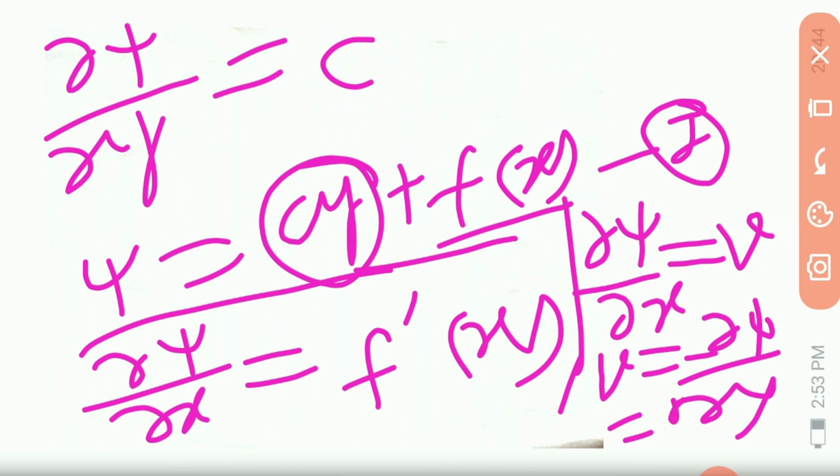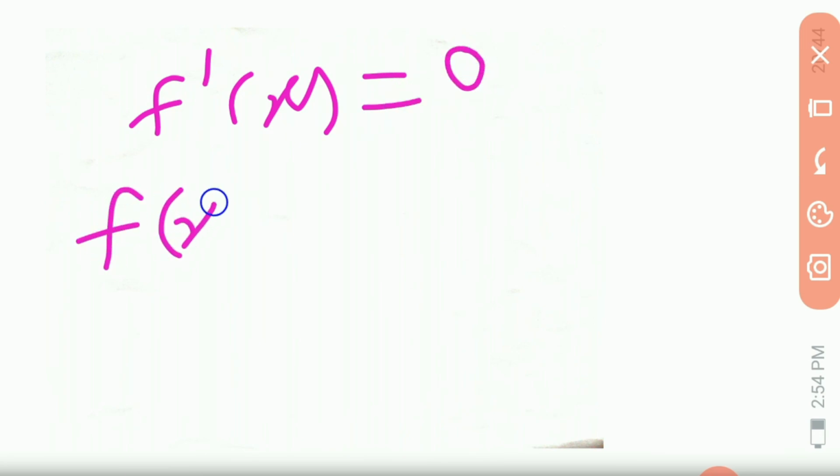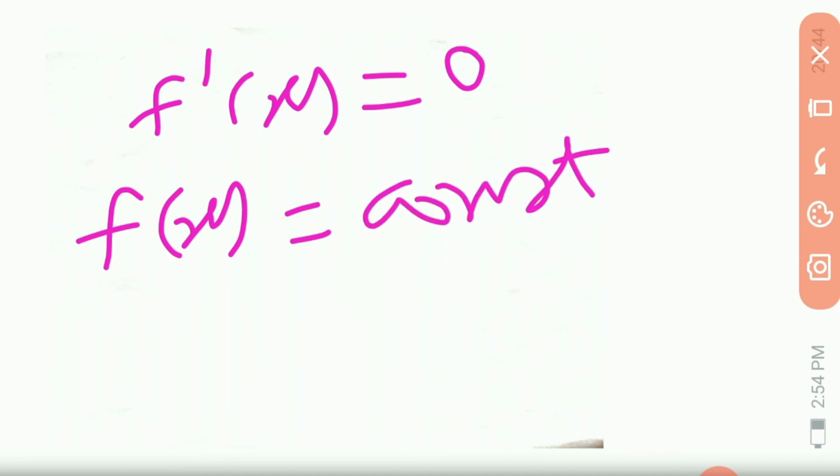So that f dash x is also 0, and therefore this f of x is constant.